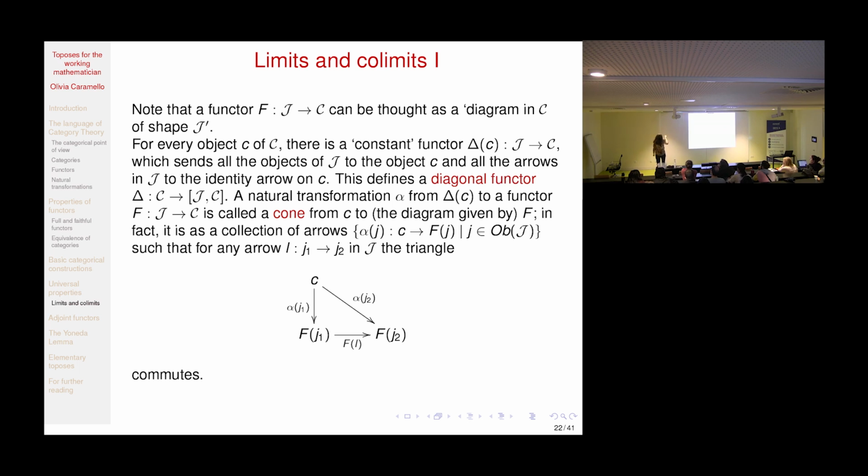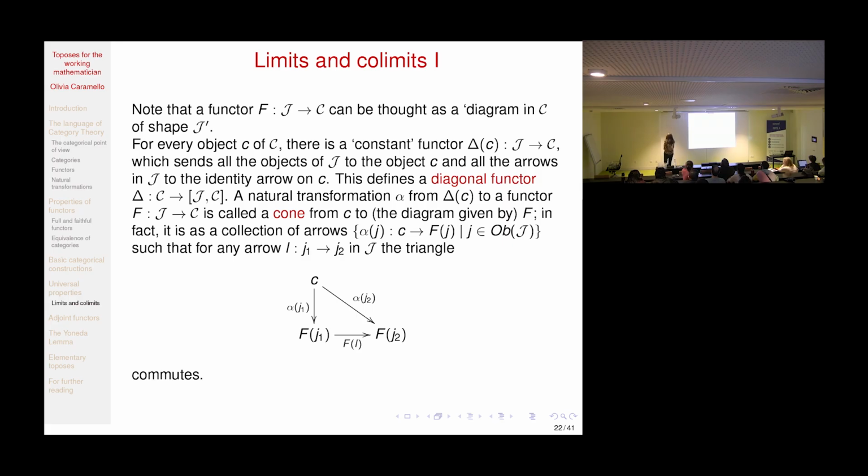Okay. So if we want to formalize this notion of diagram, we can take just functors taking values in this category, and the source category will define the shape of the diagram.